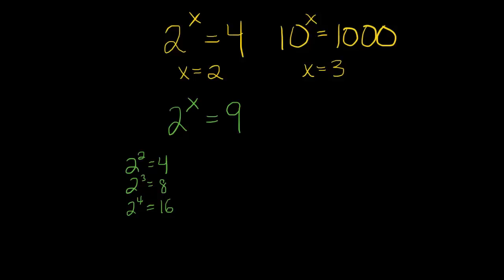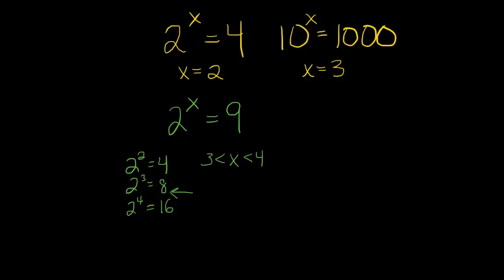Well, we want to know, what exponent do you put on a 2 to get 9? That would fall somewhere between here. So the exponent must be between 3 and 4. So let's say that x must be between 3 and 4.